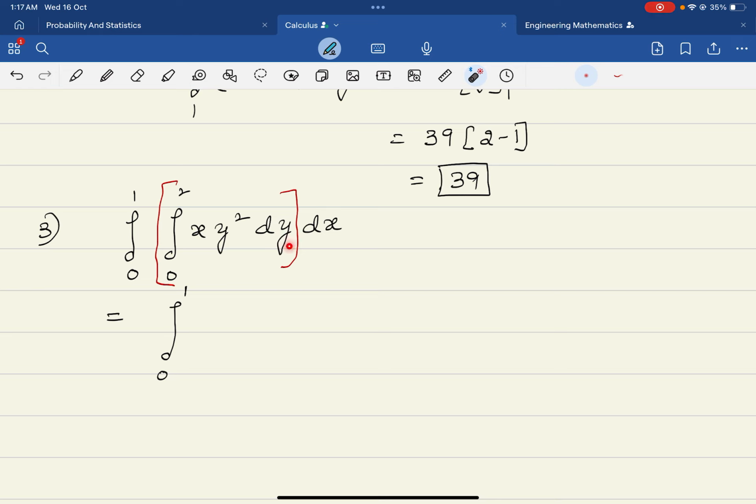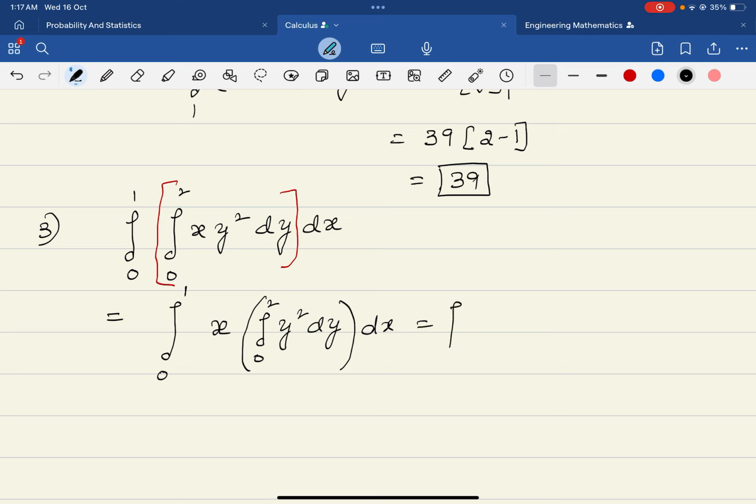We are integrating with respect to y, so the foreigner here, the one which will not suit, is x. Just send this x outside of the integration. Now x comes outside and then integral 0 to 2 y square dy, open close the bracket, dx. Like that you can do.